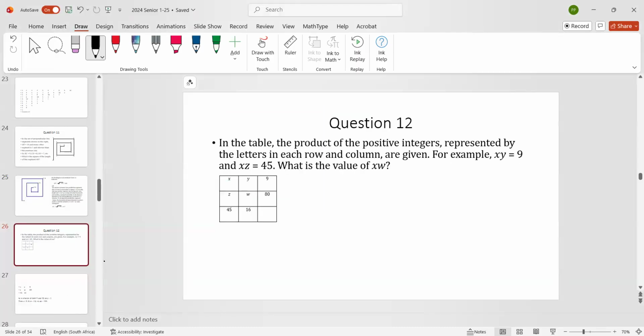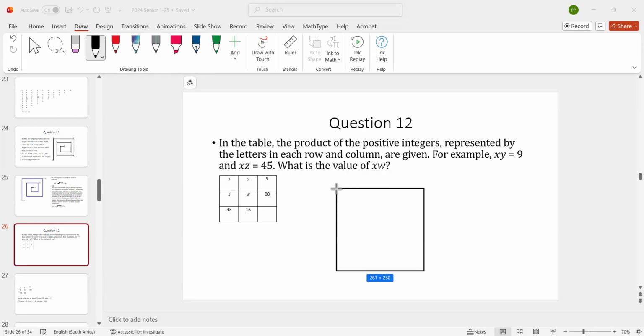Problem number 12. It says in the table, the product of consecutive integers represented by these letters are given. So if you study that table, let me just make this a little bit bigger.